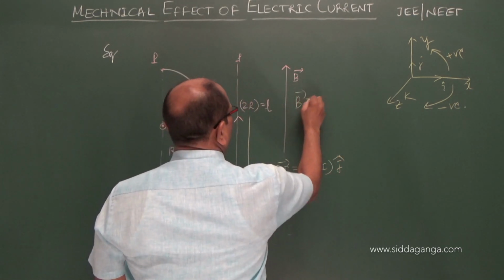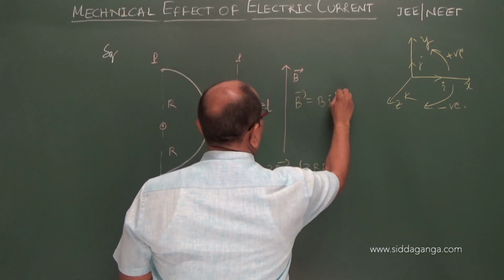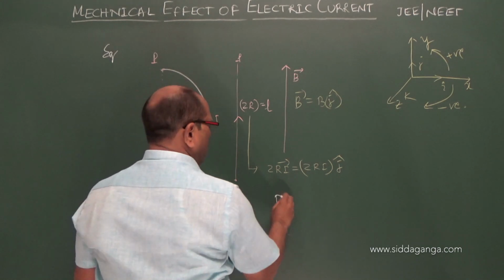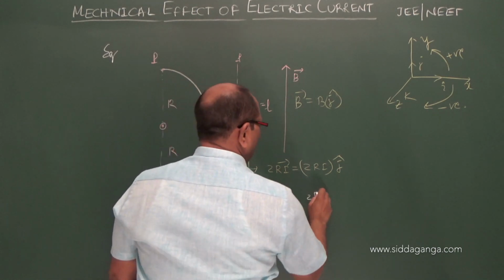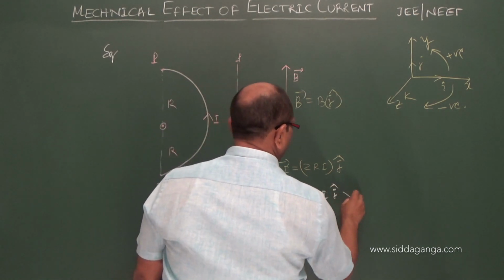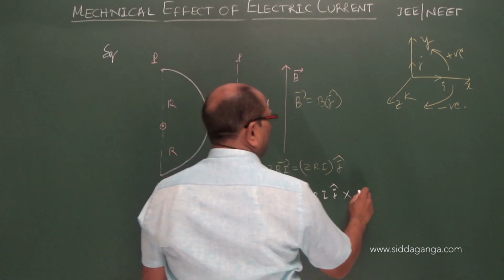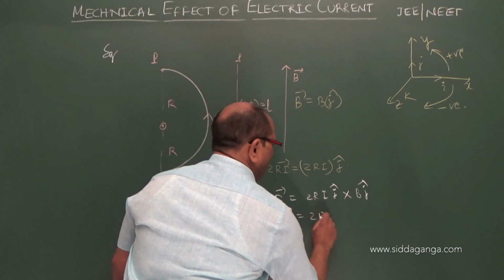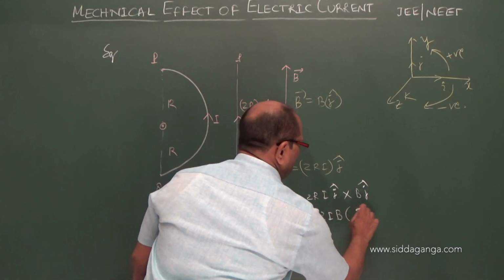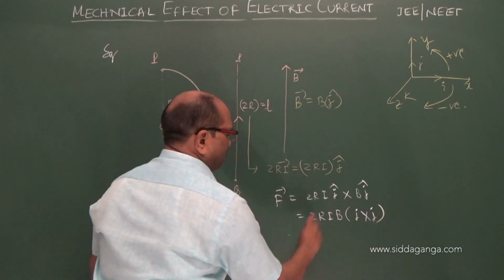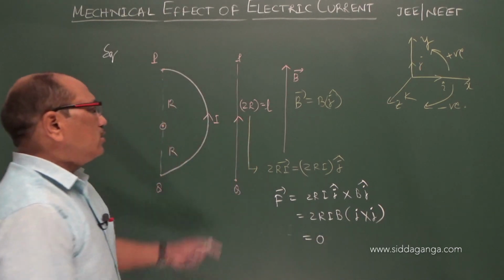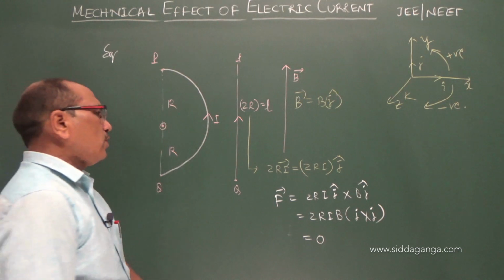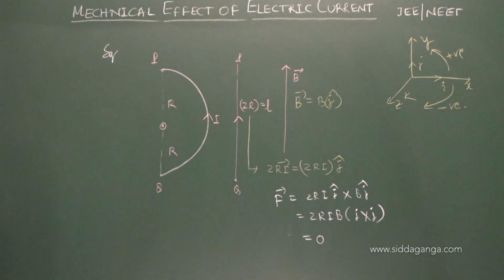B can also be written as B j. So the force acting between them is 2R I j cross B j, that is 2RIB into j cross j. You know, in the cross product that is 0. These two are parallel, hence the force is 0. So let us go to the next one.